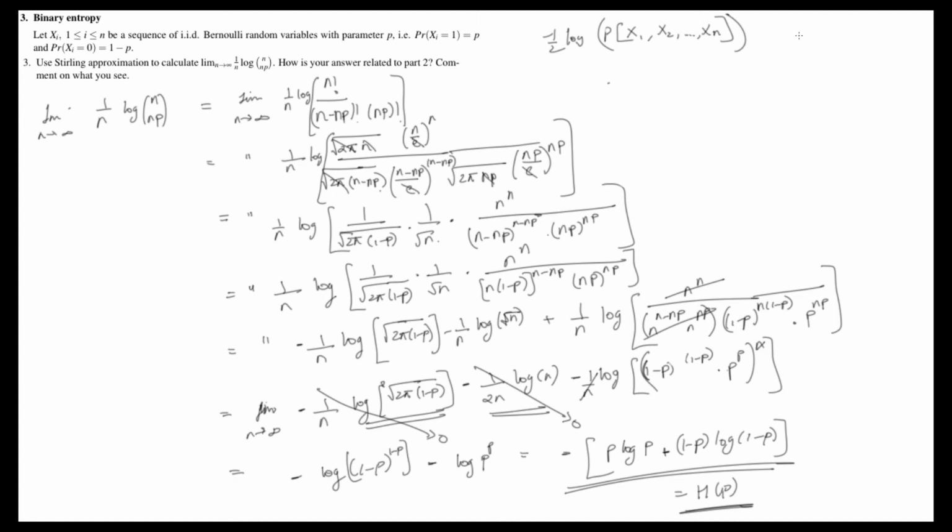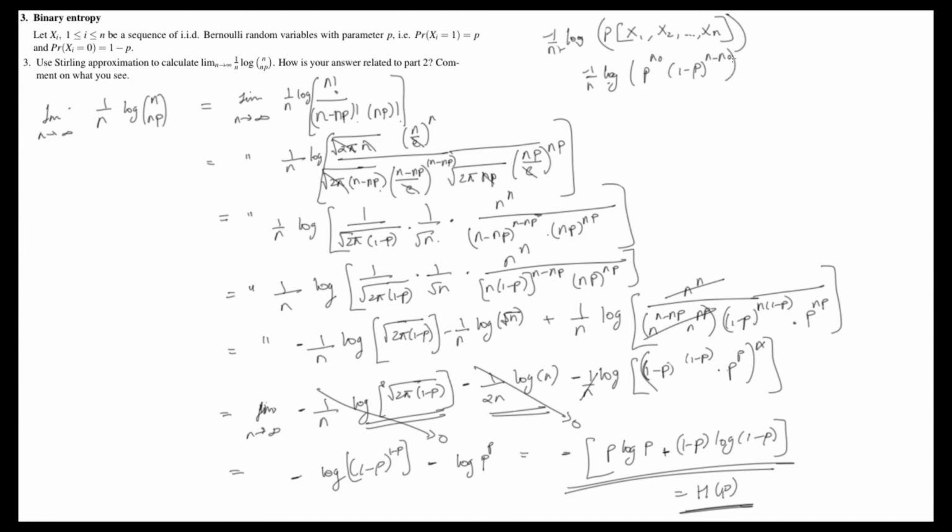Over here we saw that this is equal to log of p to the n0 times (1 minus p) to the 1 over n, p to the n minus n0.